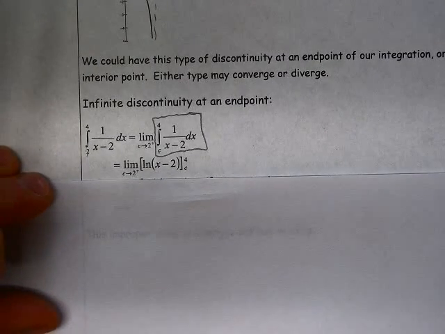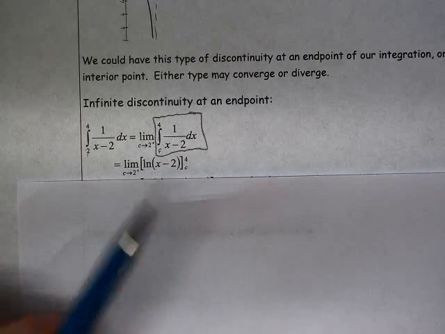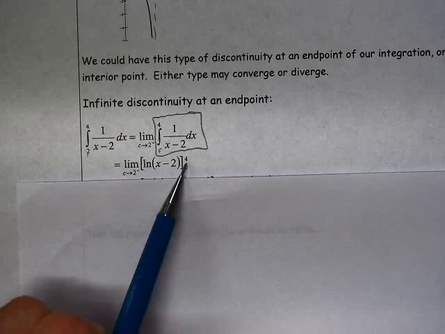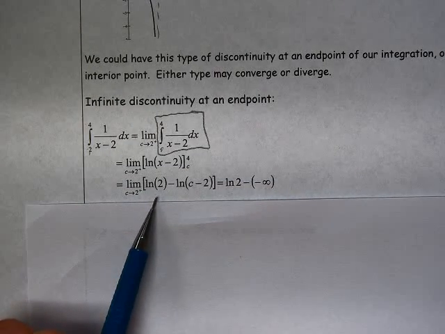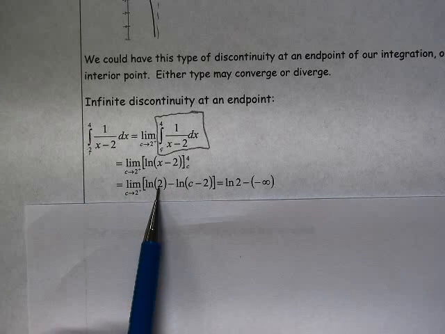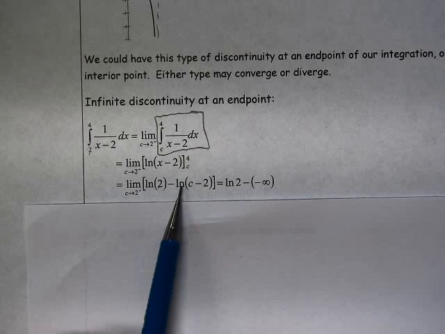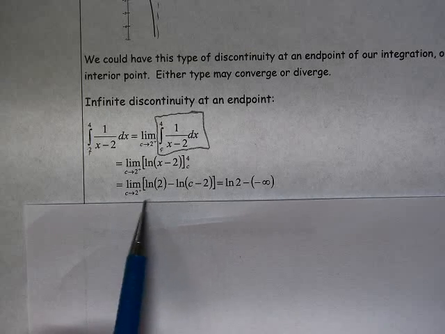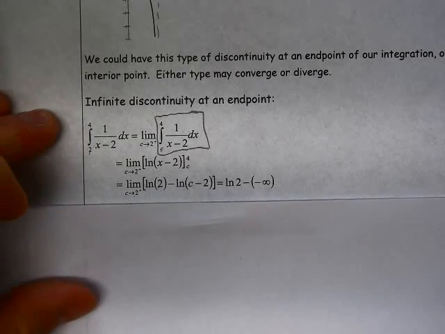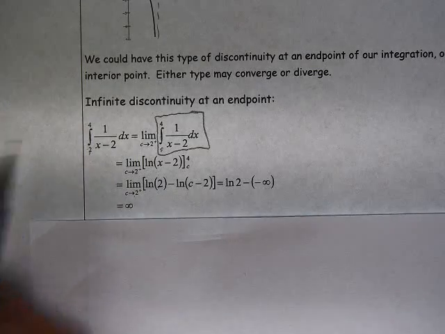So I do that antiderivative. I get natural log of x minus 2. Then I substitute 4 and c. I get natural log of 2 minus natural log of c minus 2. And now I take the limit of that as c approaches 2 from the positive.